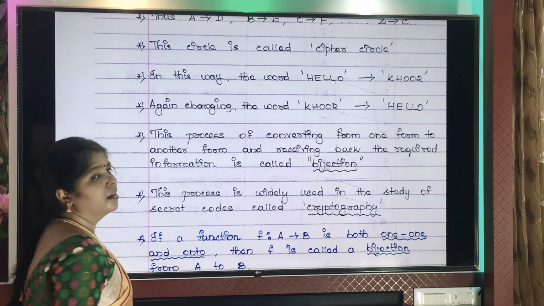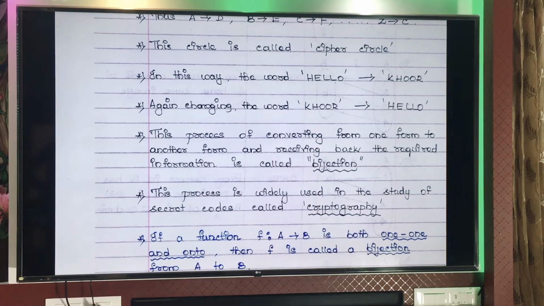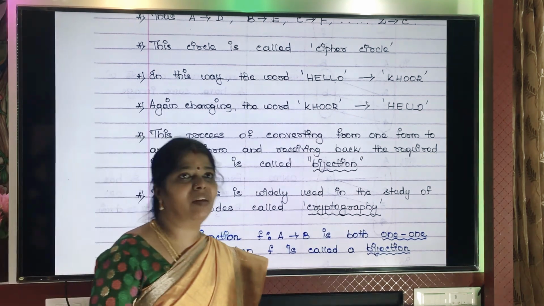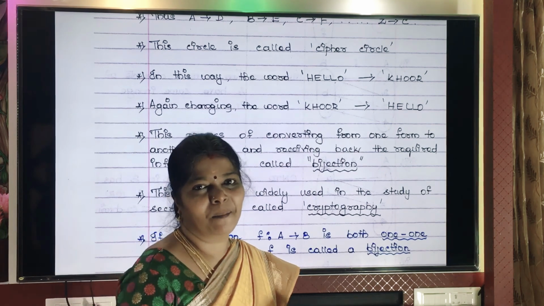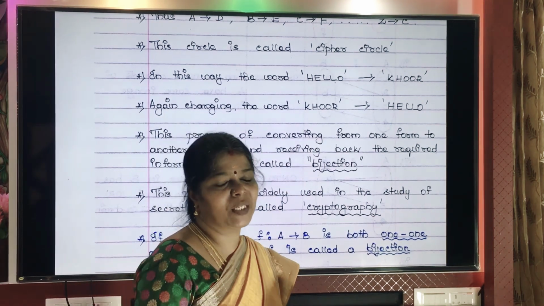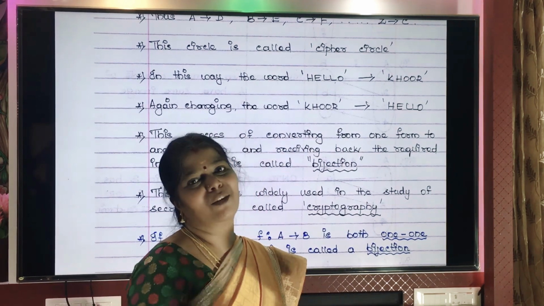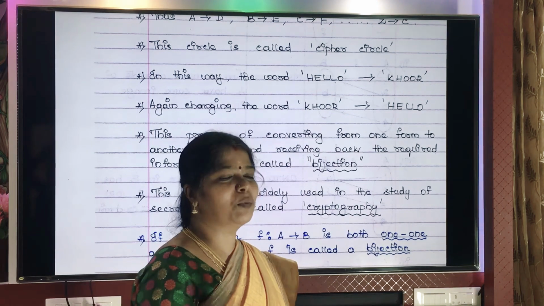I remember in our school days, we have been playing this game by giving some secret codes, secret shapes. We used to sometimes give shapes, symbols, and then we will communicate with our friends. That was a good play.